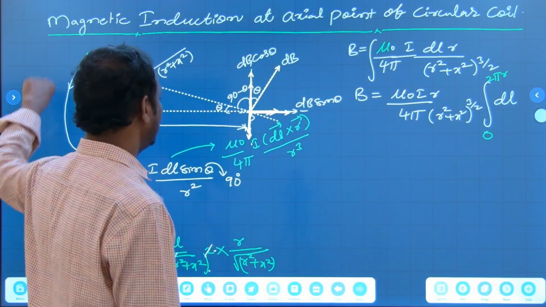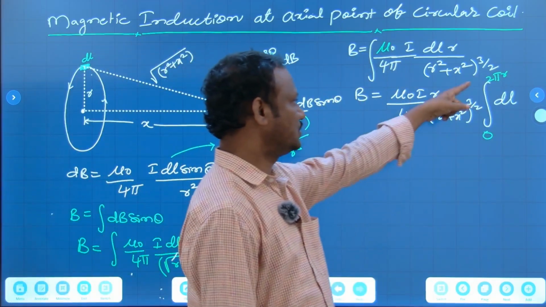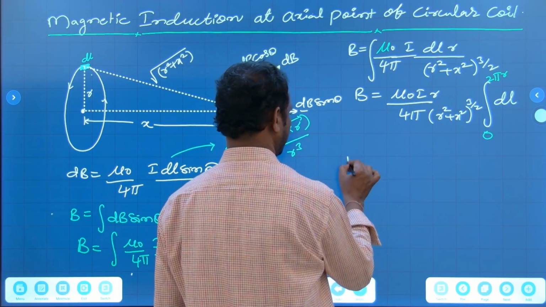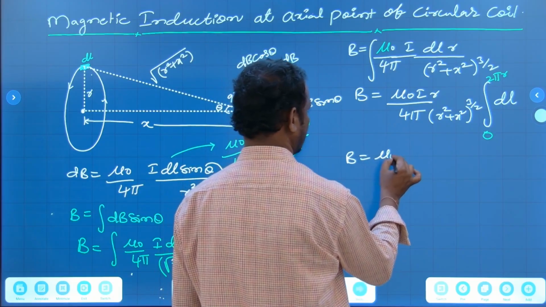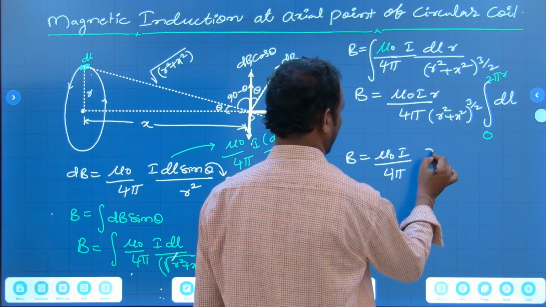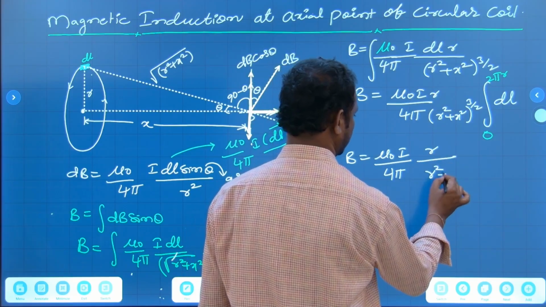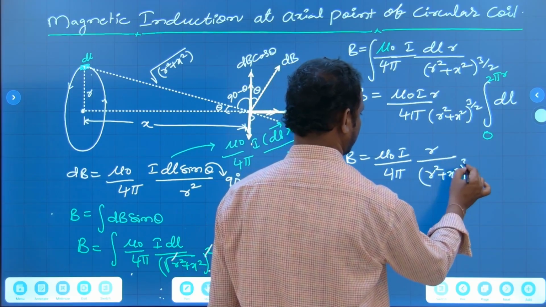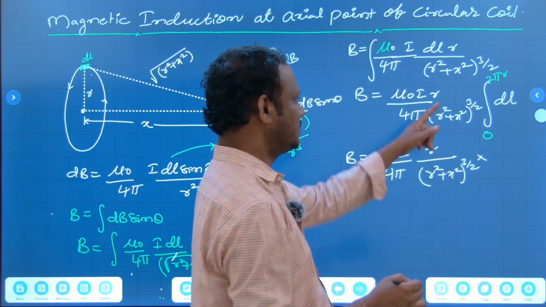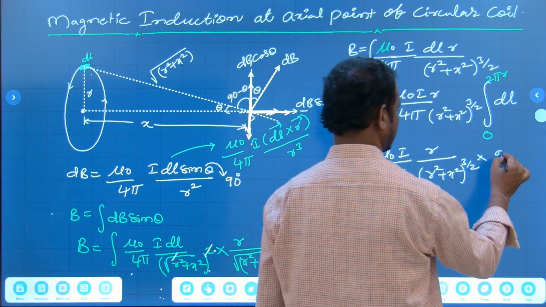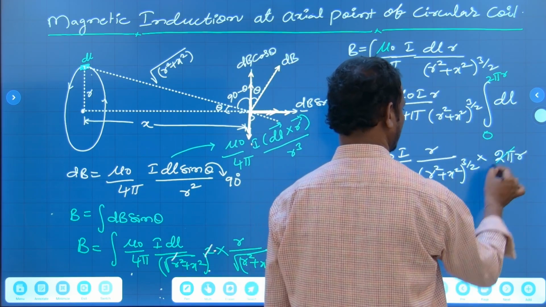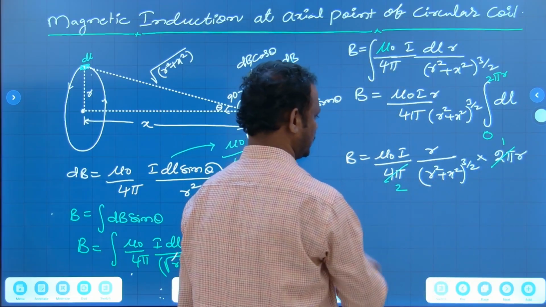So B is mu naught I by 4 pi, r by r square plus x square to the power of 3 by 2, into integration over dl, which is L, with limits from 0 to 2 pi r, so it is 2 pi r.